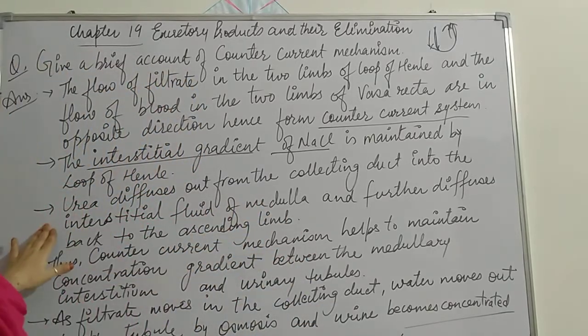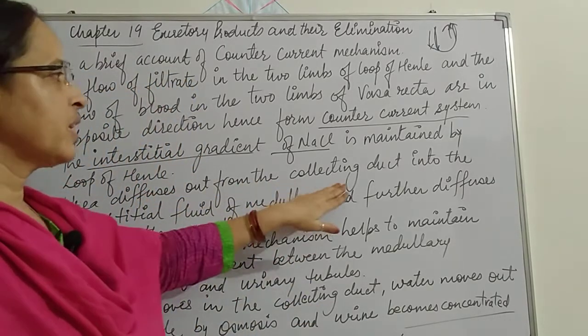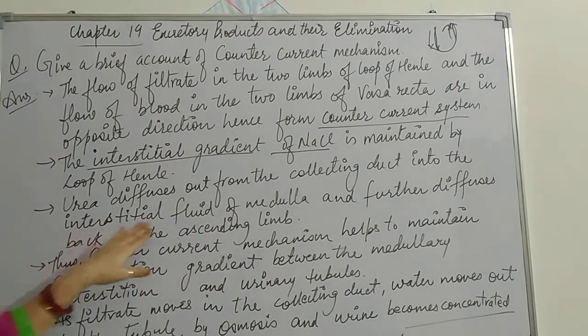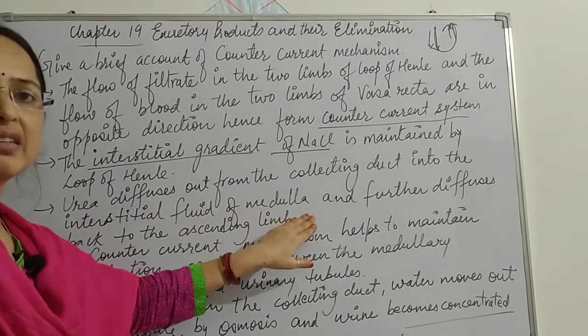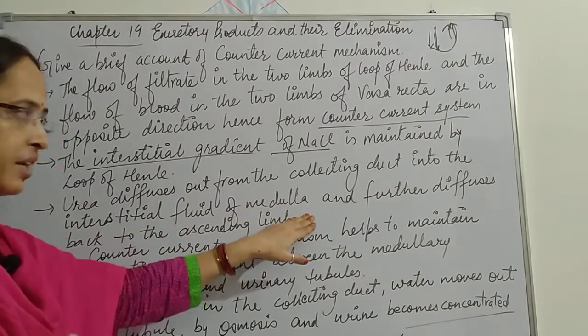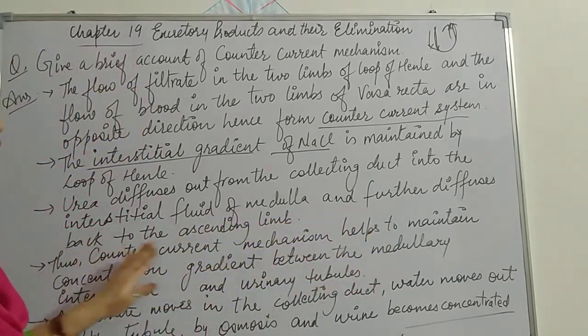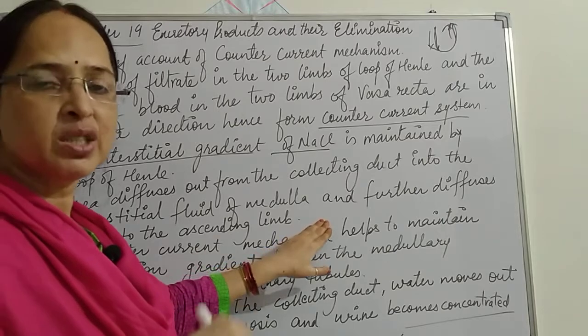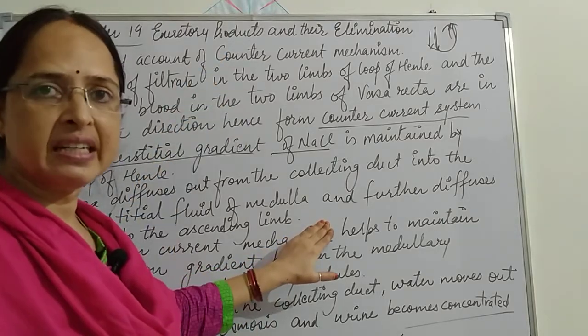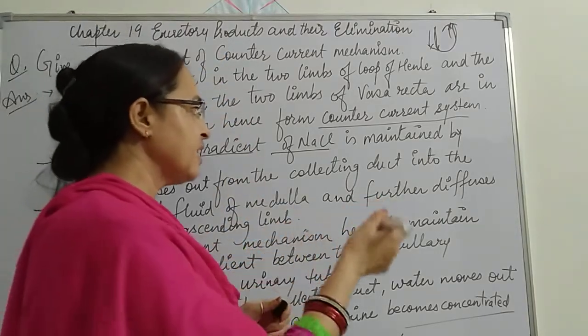So just look over here, urea diffuses out from the collecting duct into the interstitial fluid of the medulla, that is the medullary pyramid, that is in the kidney only, and further diffuses back to the ascending limb. That means urea has entered into the collecting duct.